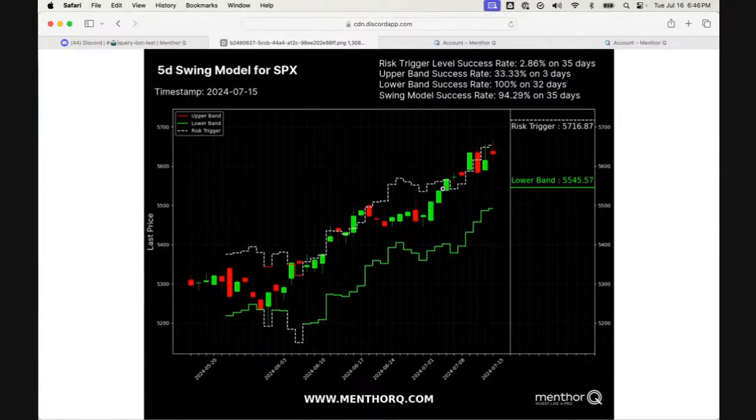So this is a 5-day model. If you want to take a swing trade, a 5-day trade, call it for Friday or for Monday, it's telling you what the levels would be that I would be interested in selling. And if you look to the right, it says lower band 55.45.